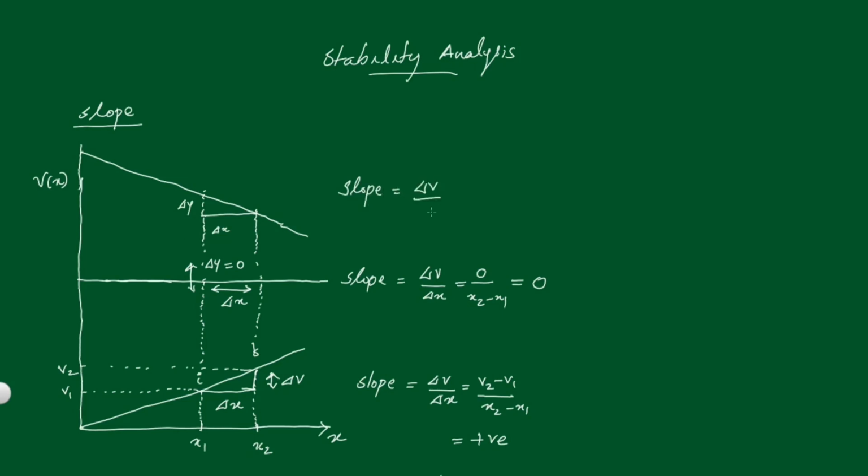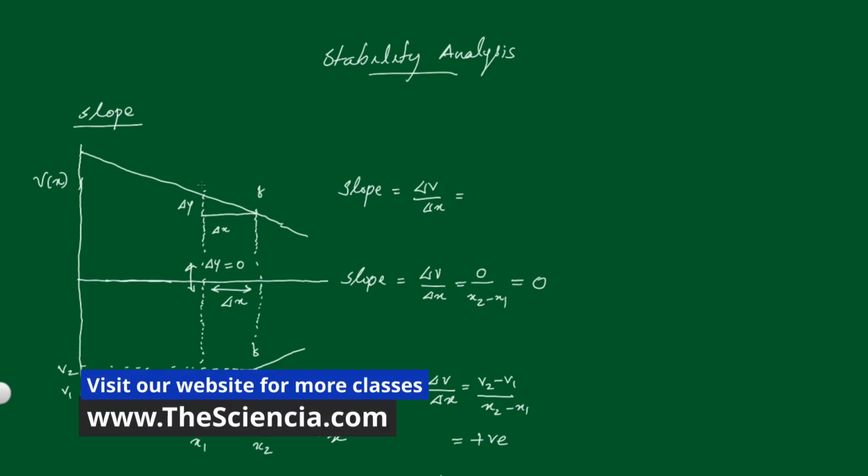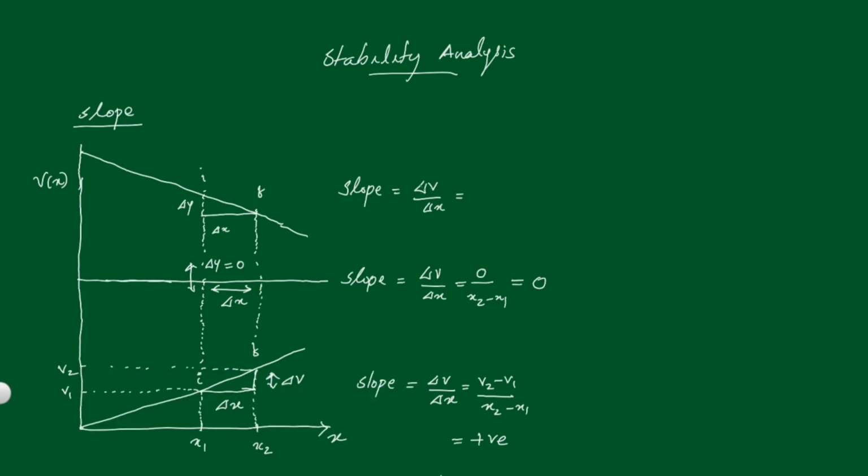That is delta v by delta x, the final minus initial. This is the final v, and this is the initial v. So vf minus vi by xf minus xi.